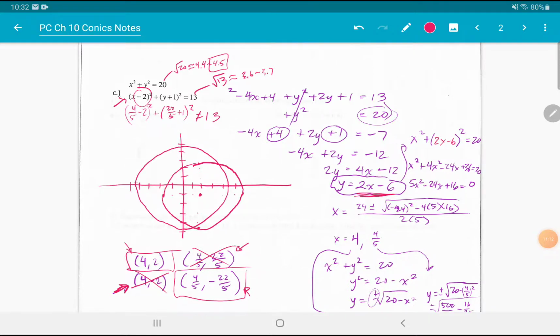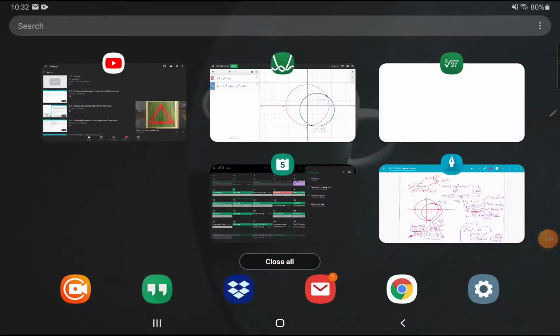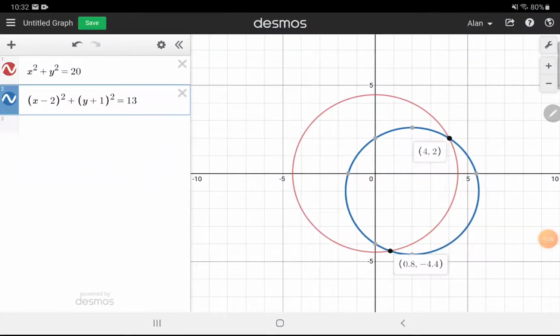You can see here that you now have 2 intersection points, and one looks pretty accurate, right around that (4, 2) we had in our answer. The other one would be (4/5, negative 22 over 5), and maybe that one is not quite so accurate, but let me bring you over to a more accurate circle. Here's Desmos. You can see our answers are (4, 2) and (4/5, negative 4.4). Yeah, and that'll be it.